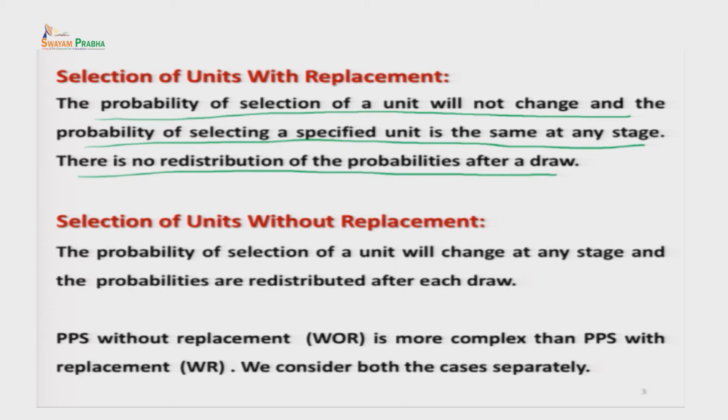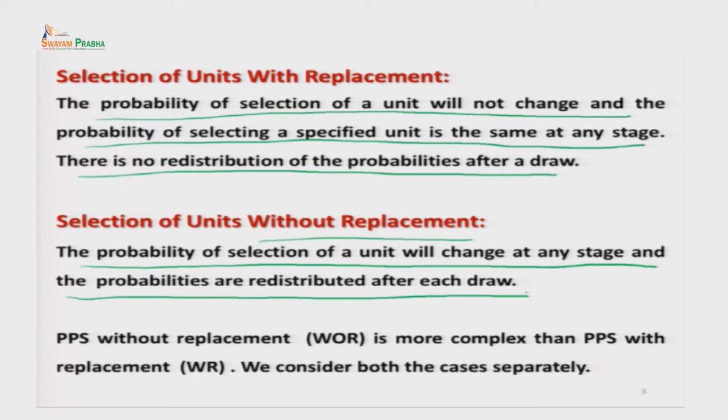In the case of without replacement, every time you draw a unit you are not going to keep it back in the population, so all the values of those probabilities will be changing after every draw, and those values of probabilities will have to be determined after each and every draw, right. So, in the case of selection of a unit without replacement, the probability of selection of a unit will change at any stage, and the probabilities are redistributed after each draw.